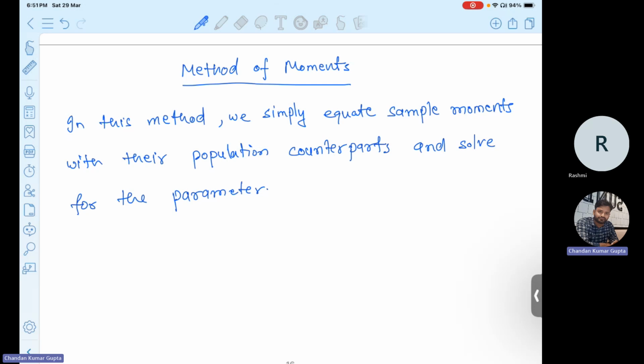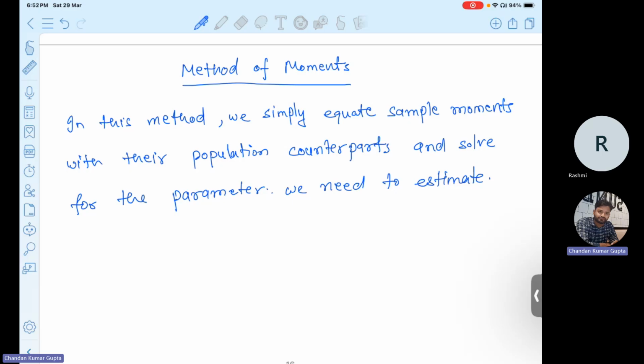This is how we need to estimate. This is how the method of moments works.